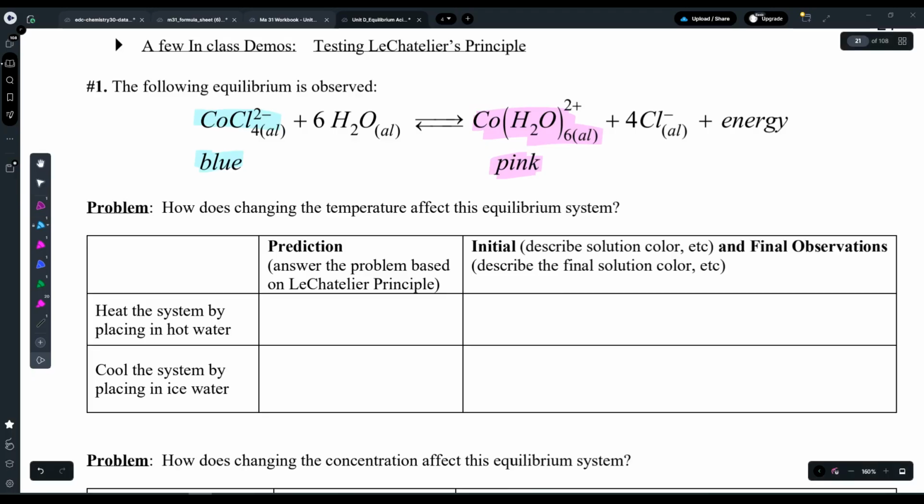All right, so for adding heat, that means we're increasing the amount of energy. So as you add energy, the system shifts away. So the prediction would be that your equilibrium would shift to the left side.